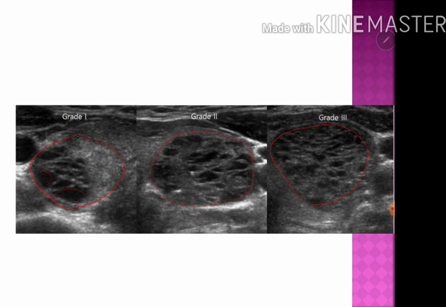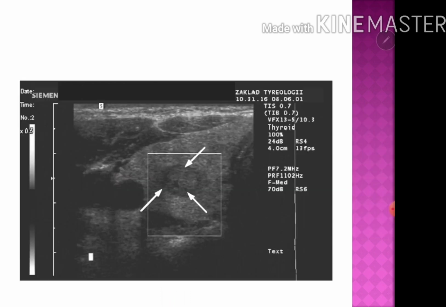But if the border of the nodule is irregular, or it contains microcalcification inside it, or there is hypervascularization inside the nodule, or other features, this goes with a malignant nodule rather than a benign one. So the ultrasound finding is important to differentiate between benign and malignant.